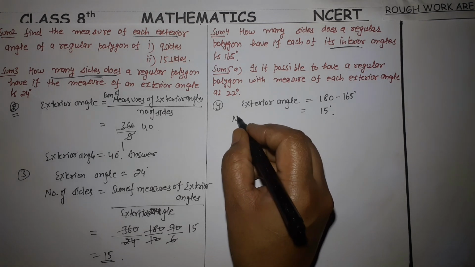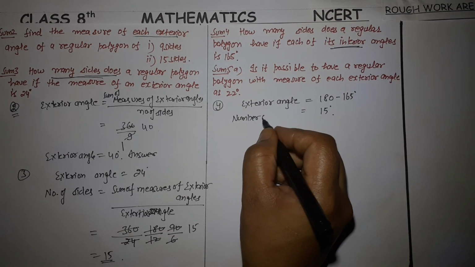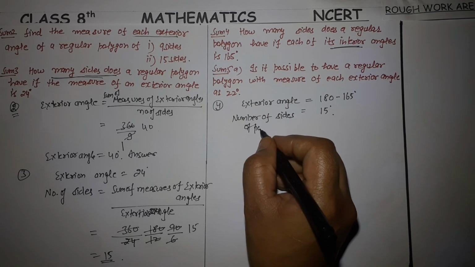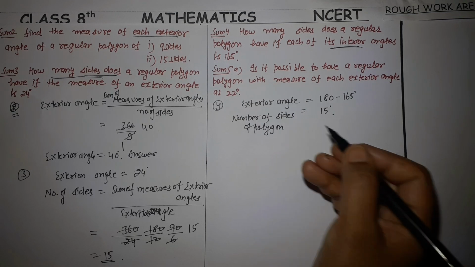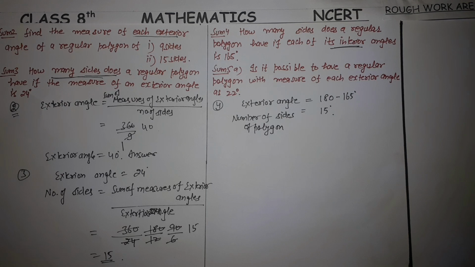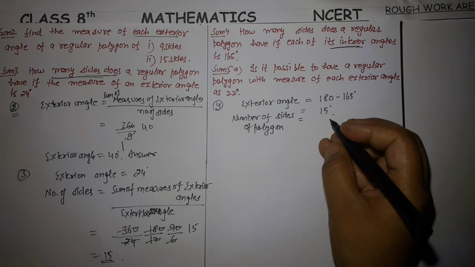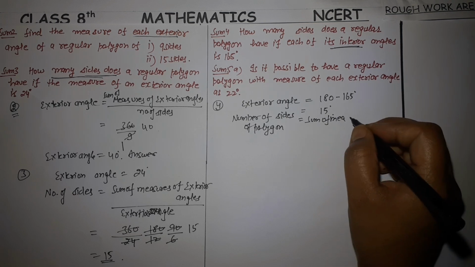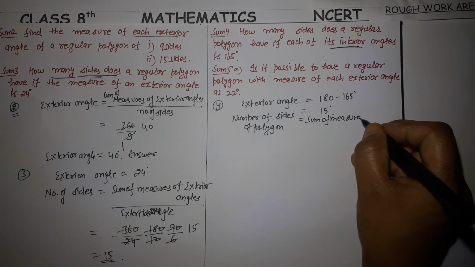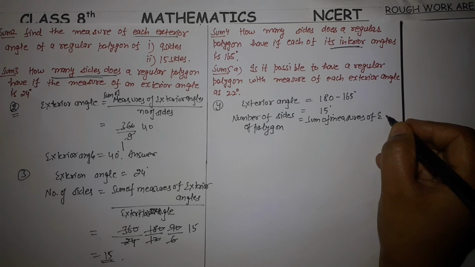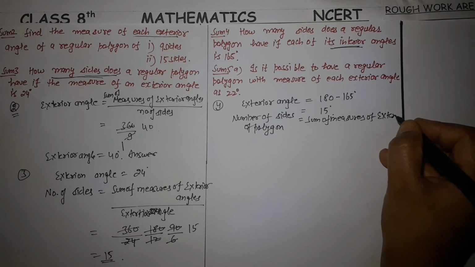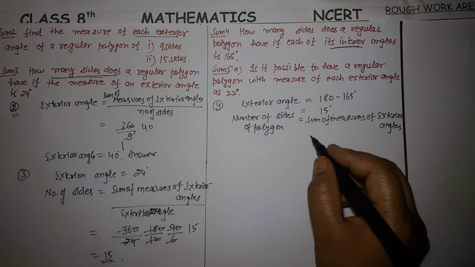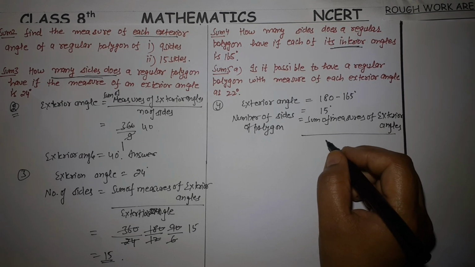Now for the number of sides of the polygon, we will apply the formula sum of measures of exterior angles by exterior angle.